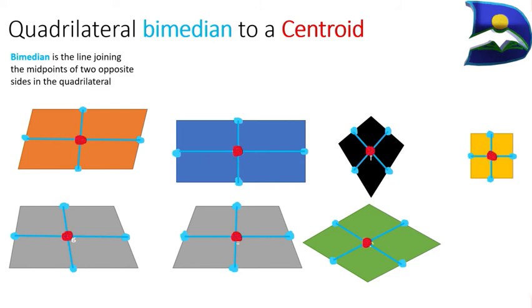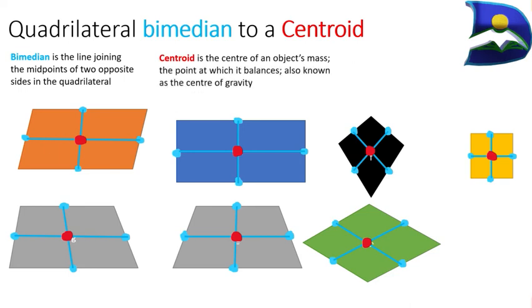And what we see is that the red dot, which is where the two bimedians meet, is called the centroid, which is the center of an object's mass, or the point at which it balances, also known as the center of gravity. For example, we have this red shape, and we see that this particular thread is used to balance this shape properly.